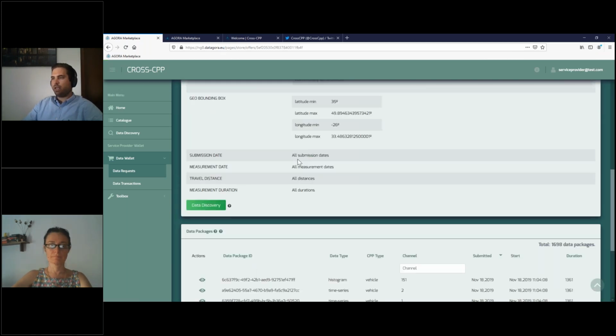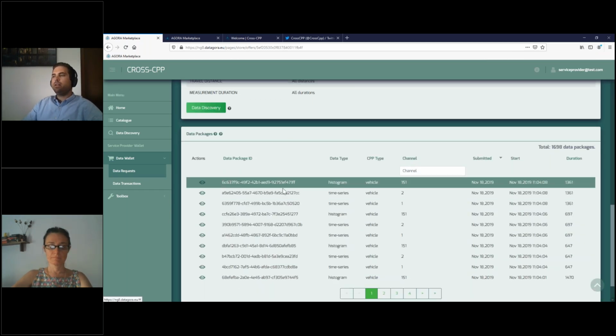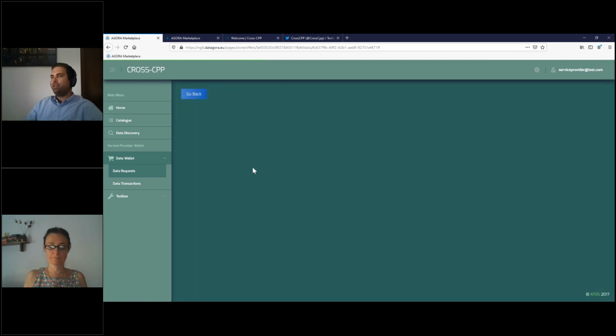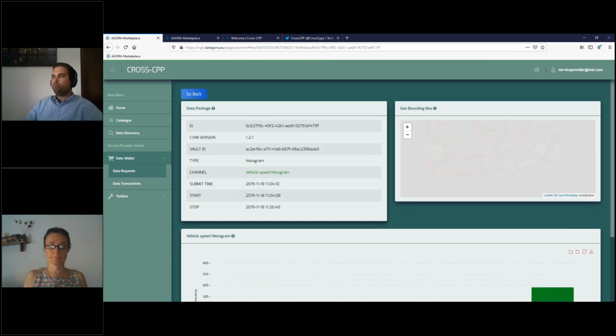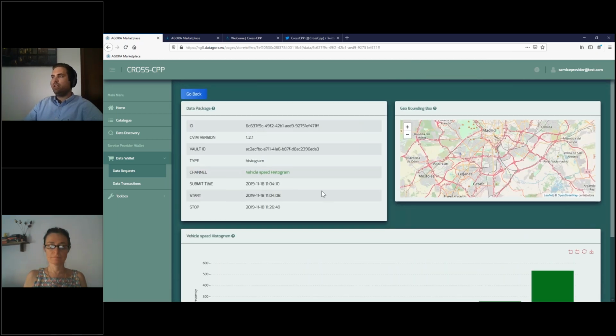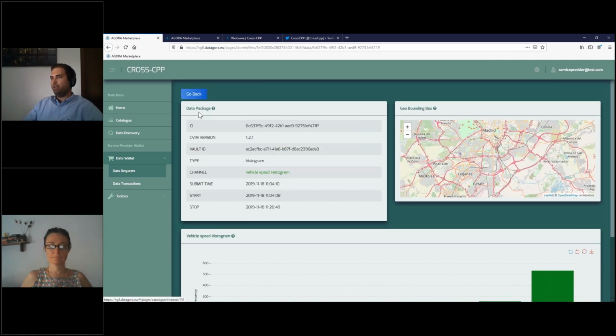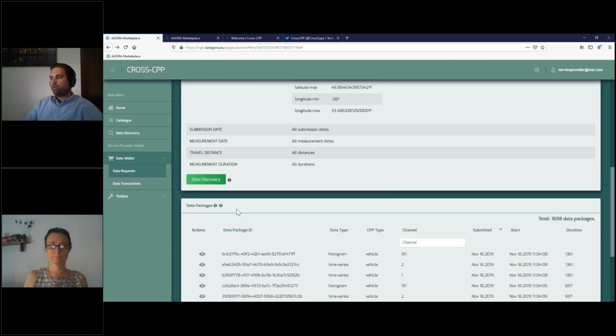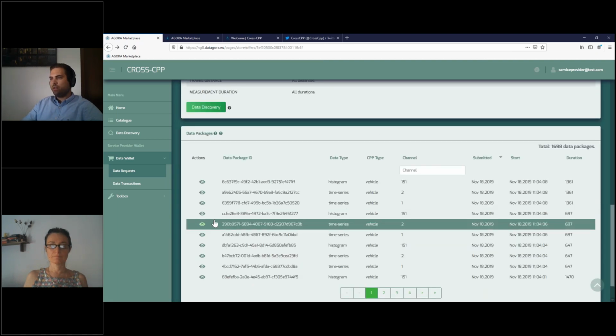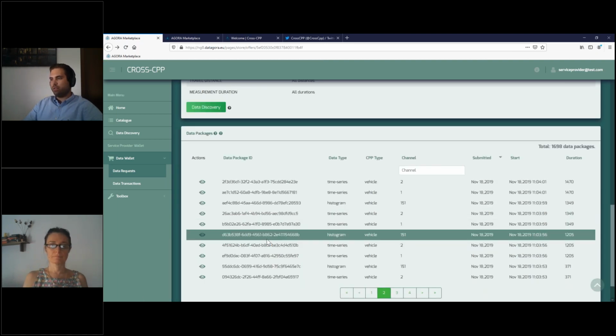Given that one CPP, my vehicle, has accepted this offer, I can now see directly in my panel the information that I have collected from this CPP owner, from this data owner. You can see here that we have information in a vehicle histogram in Madrid. We can see all the data packages that we have collected through this offer.